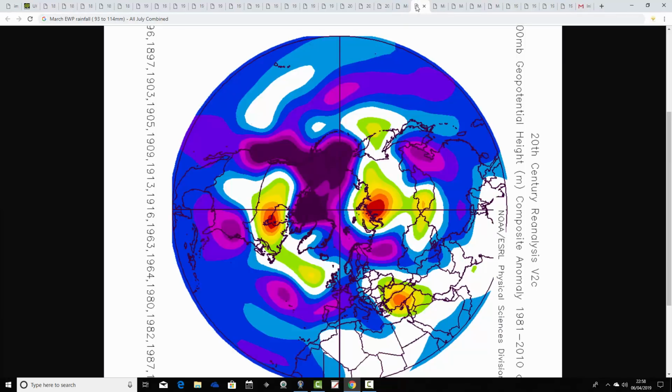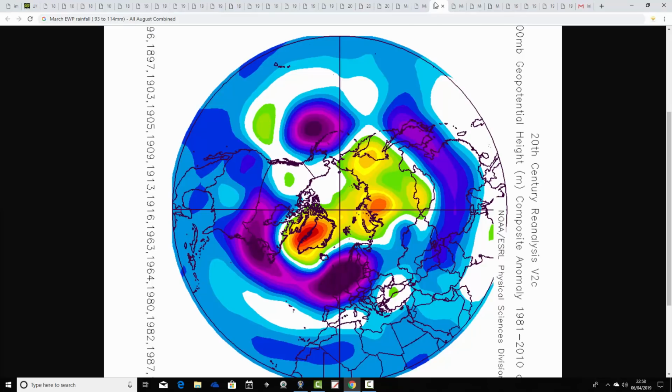The Julys also look rather unsettled as well, when we have March England and Wales precipitation total of 93 to 114 millimetres. So we do tend to get a bit of a ridge out to the west of us, with low pressure to our south and also to our east. Rather an unsettled and relatively cool signal for July. But then look what happens in August.